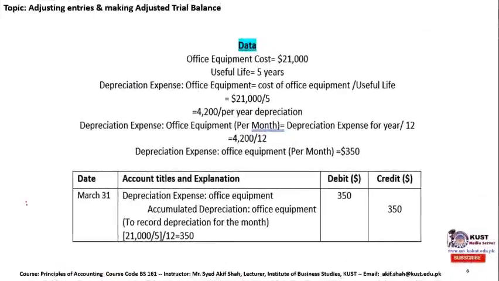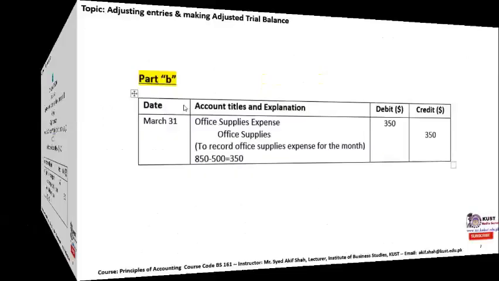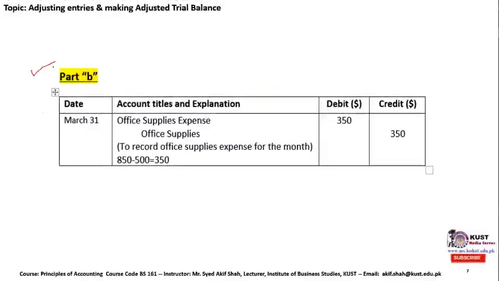Then we made the adjusting entry for office equipment and the accumulated depreciation office equipment. And finally, in part B, we made the adjusting entry pertaining to the office supplies expense and the office supplies.